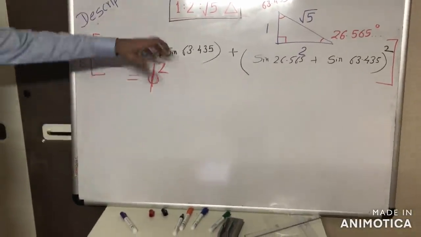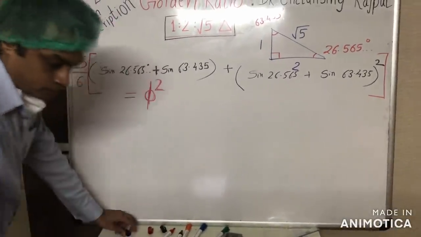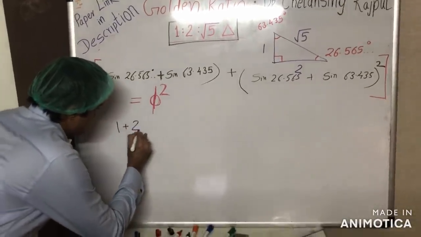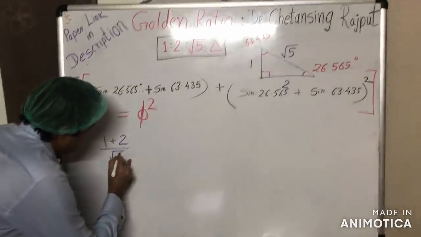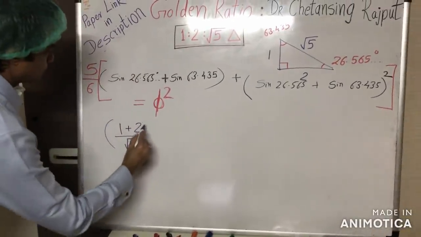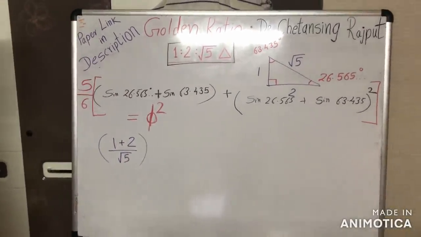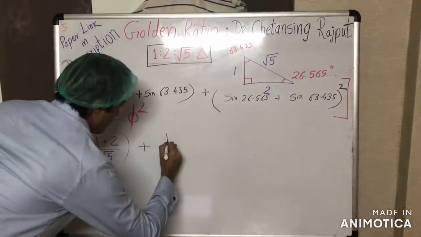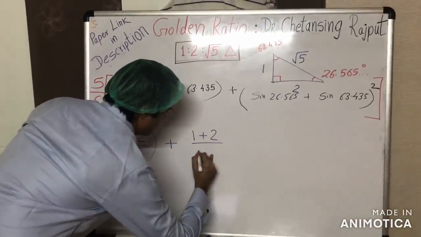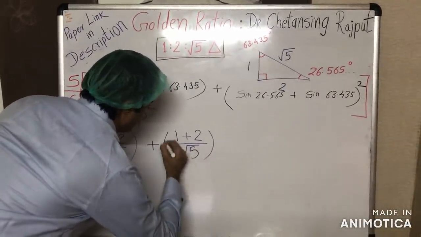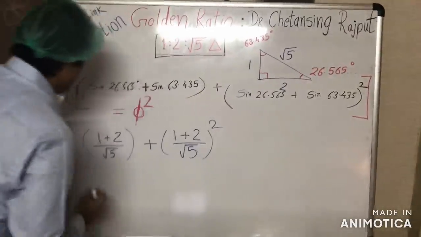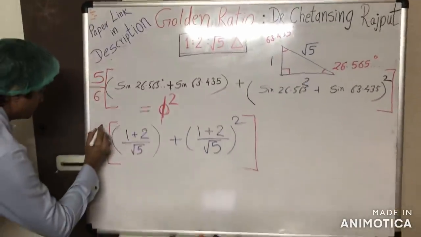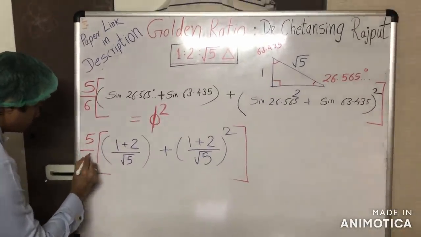We can also write this in another form: the sum of the two catheti, 1 plus 2, upon root 5. The sum of the two catheti upon the hypotenuse, plus the square of this term, 1 plus 2 upon root 5 in brackets squared, and this whole thing multiplied by 5 upon 6.